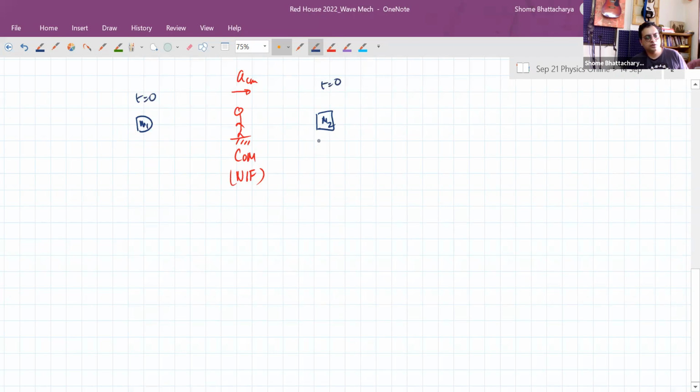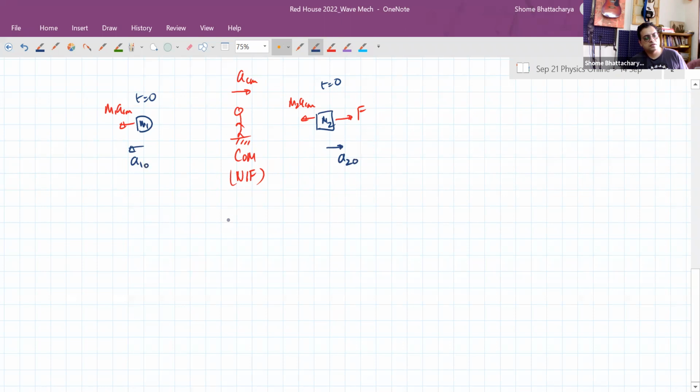Okay. So at t equal to 0, there's no spring force on either one of them. So on this, there is F and there is pseudo force. And on this, there is pseudo force. So the initial acceleration of this guy is like this. The initial acceleration of this guy is like this.